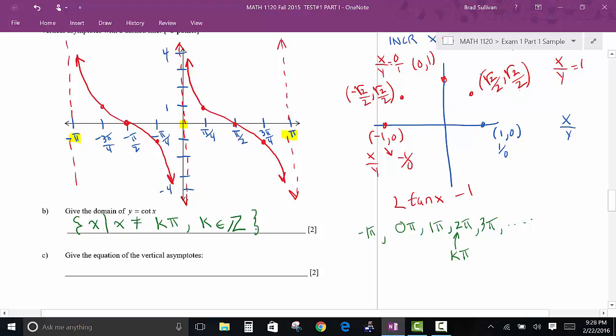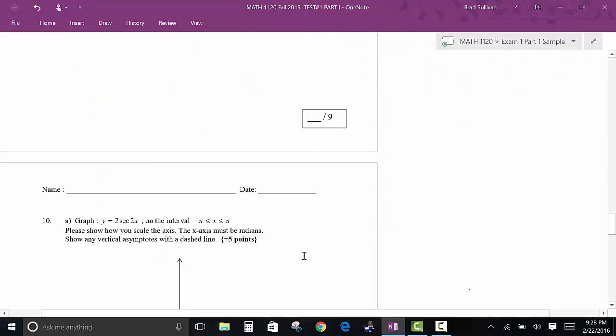So that's the answer. Okay, the equation of the vertical asymptotes is x equals k pi, with k being an integer. Okay, asymptotes are equations, so it's x equals something. So what you want to do is look for patterns. If you did the tangent, it would have a slightly different pattern, but it's something if you list out, you should be able to figure out.